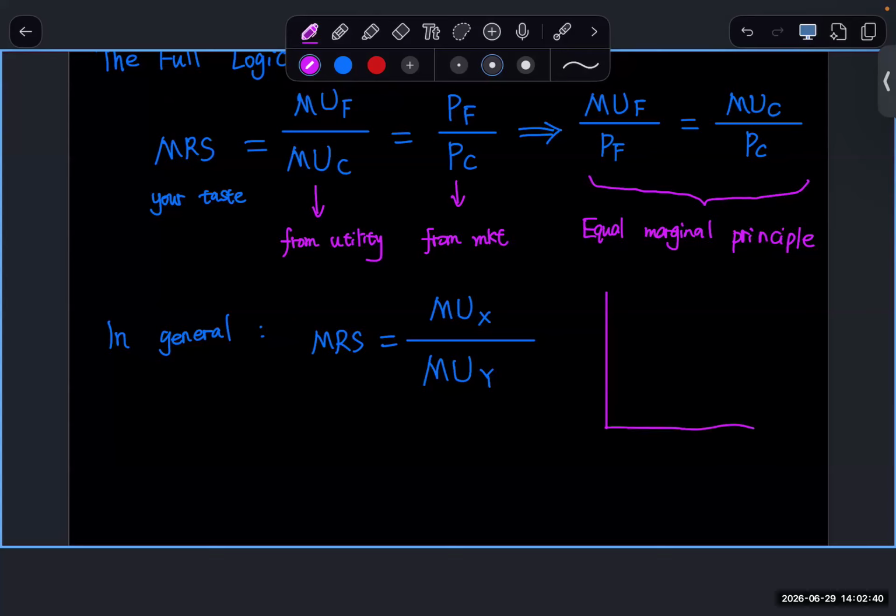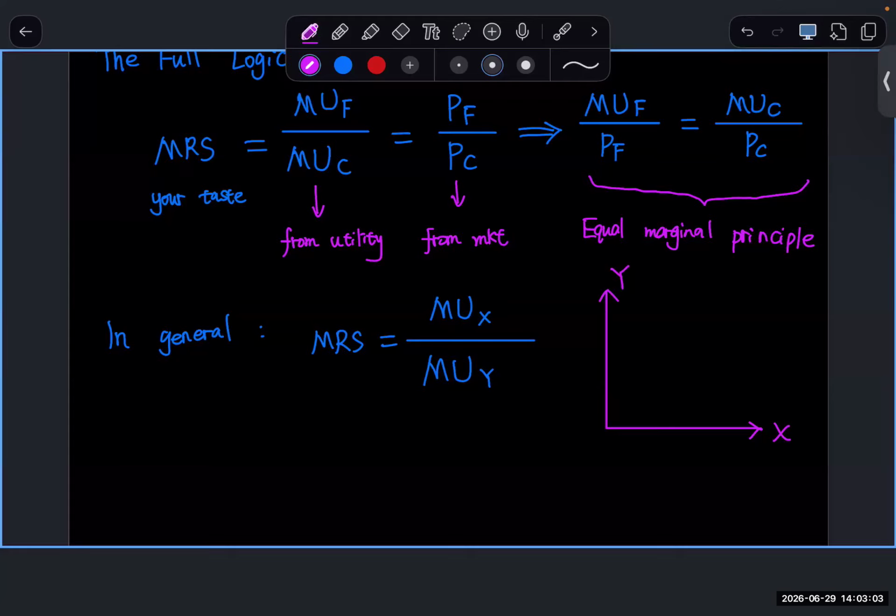So let me draw this one. Basically, on the horizontal axis we have x, and on the vertical axis we have y. So you have to be careful.